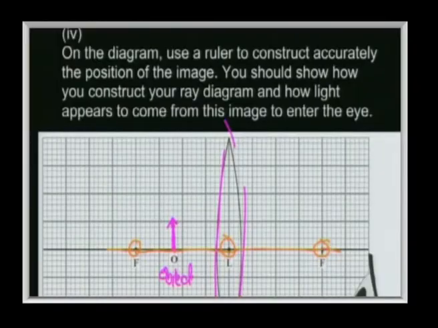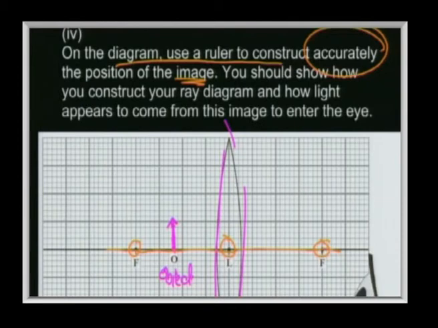Now we're back onto the diagram, and the 4th question asks us, on the diagram, use a ruler to construct accurately the position of the image. So they are concerned with finding out where the image would be if I use a magnifying glass.